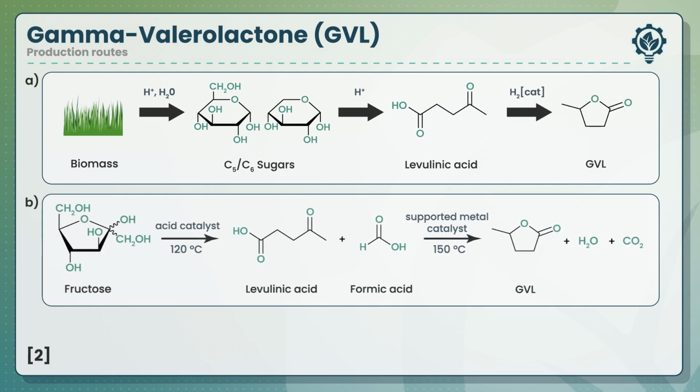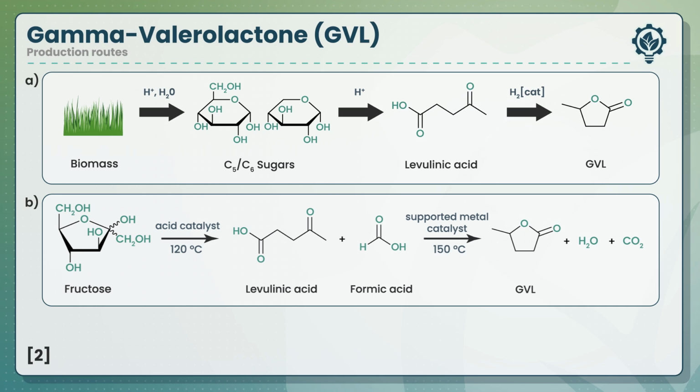GVL is known to be an excellent solvent, and due to its polarity, it is fully miscible with water. Here you see the production pathway from renewable resources. Two ways are possible. The first schematic shows the production from biomass, where C5 and C6 sugars, mainly cellulose and xylene, are reduced to levulinic acid, which further is catalytically converted to GVL.